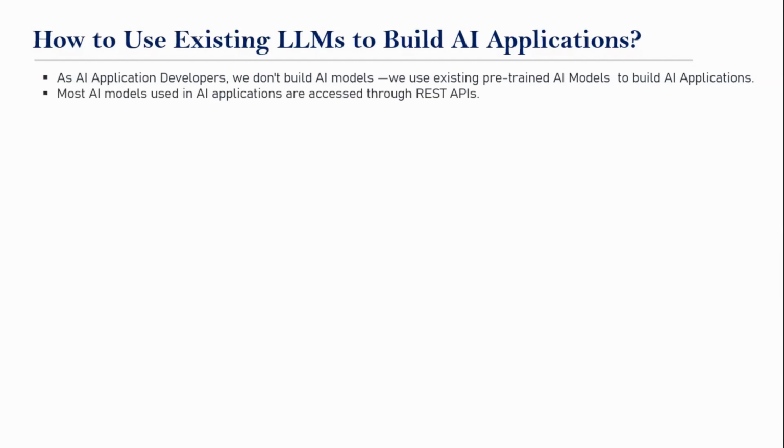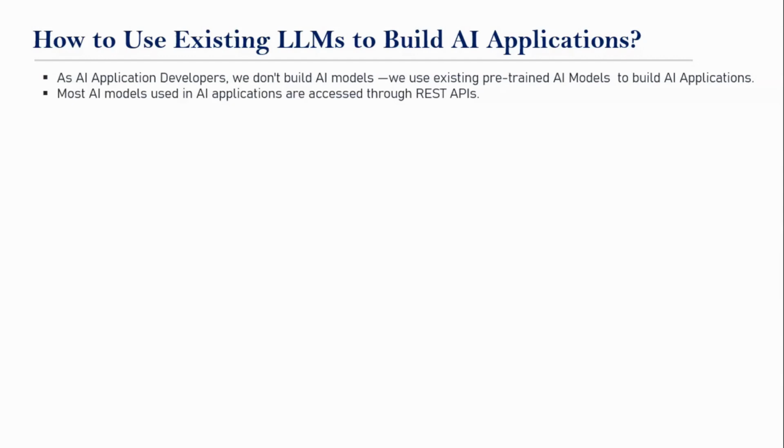Most AI models used in AI applications are accessed through REST APIs. Simply, if you want to use any AI model for your application, you have to access that AI model using REST APIs. Be clear, an LLM is also one of the AI models, and it's purely useful to work with text.